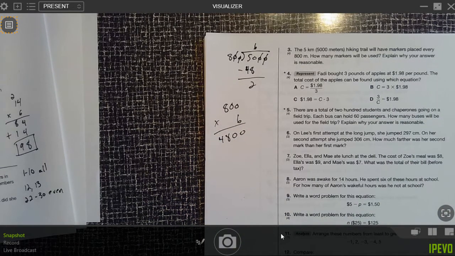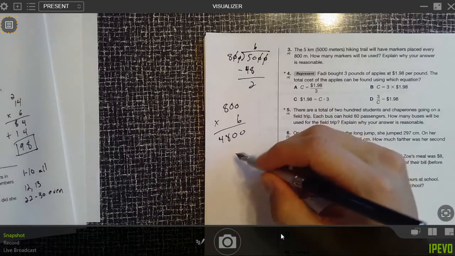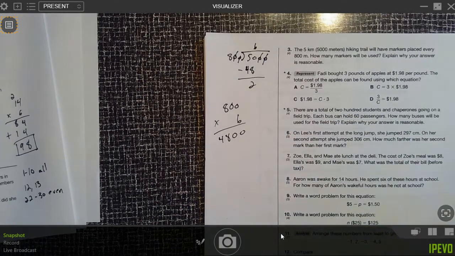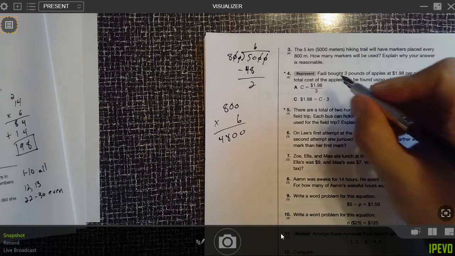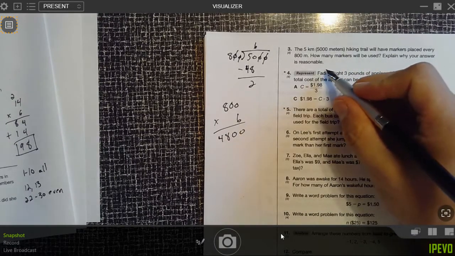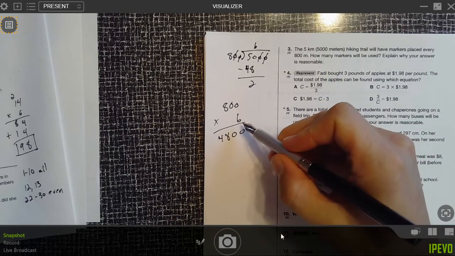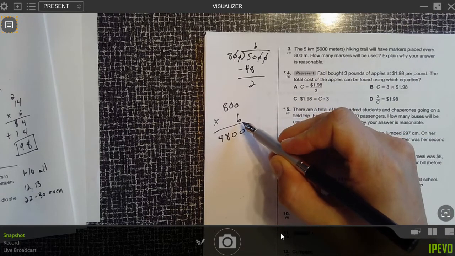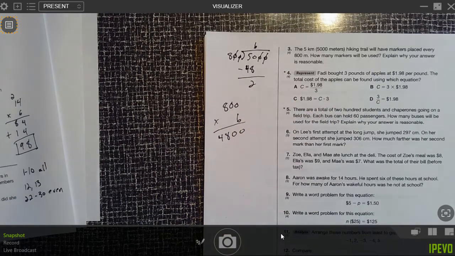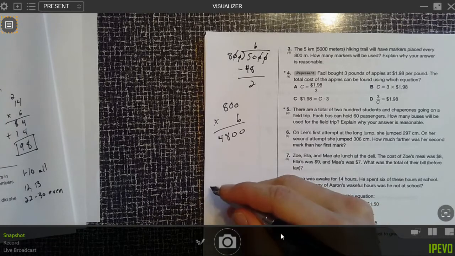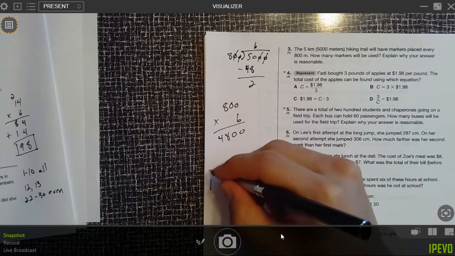Okay, so there's going to be 200 meters that will not have markers on it. Okay, and I think that's going to be okay. And my reasoning on why I'm just going to say 6 and not worry about the remainder is because we have our start and we have our finish.